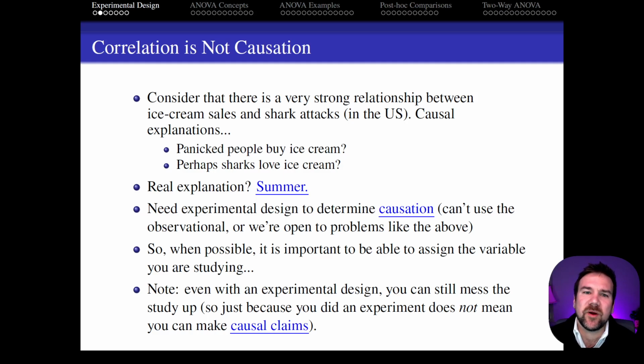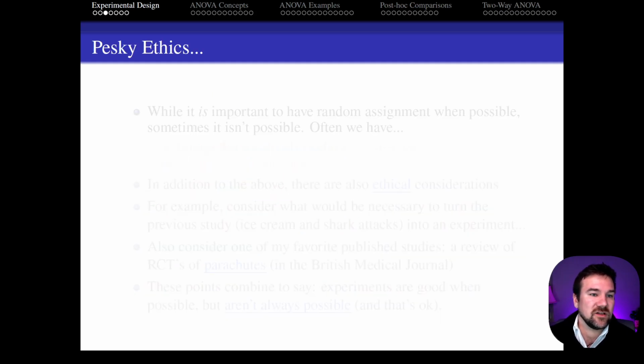So what we say is experiments are necessary, but not sufficient to establish causation. That is, I have to have it, but I also have to have some other things that make sense in order to establish causation. If I don't have an experiment, there are just some obvious flaws in the conclusions that I come to. Does that mean I can't come to any conclusions in an observational study? No, but there are some flaws associated with the logic.